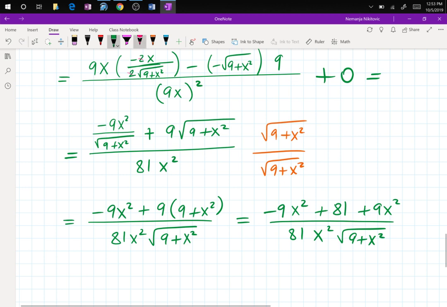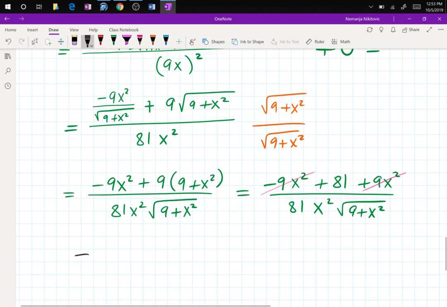I was worried for about 17 seconds, and now we see that 81 and 81 will cancel for us to get exactly what we need, which is 1 over x squared, square root of 9 plus x squared. Now I gotta flip like 5 pages to find the original problem, but there was the answer. Yes, got it, right?